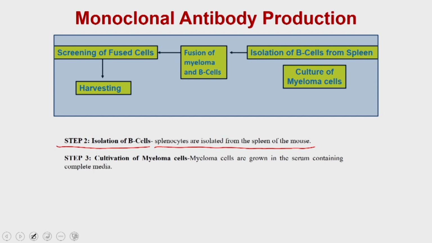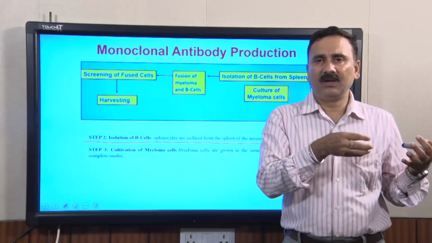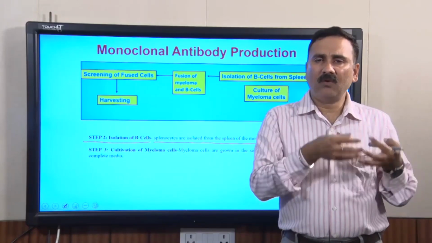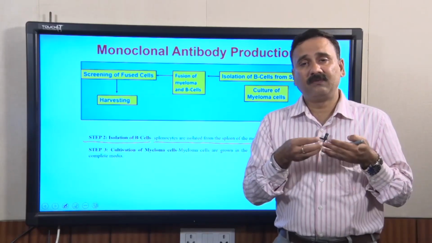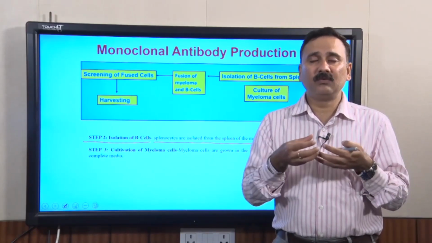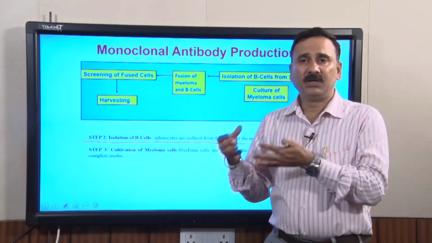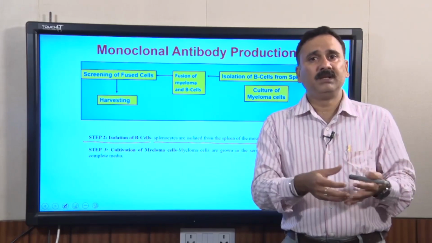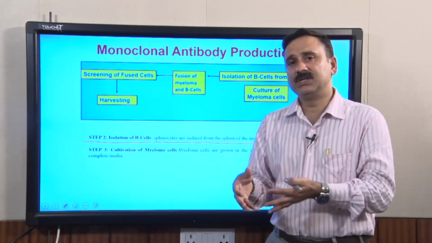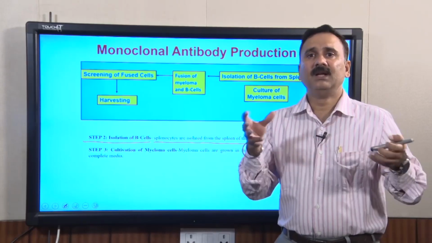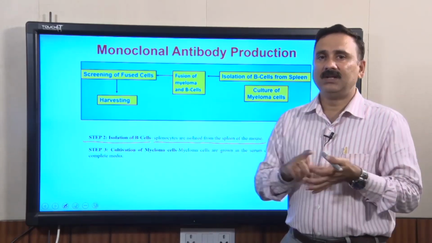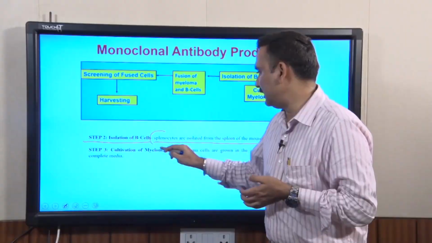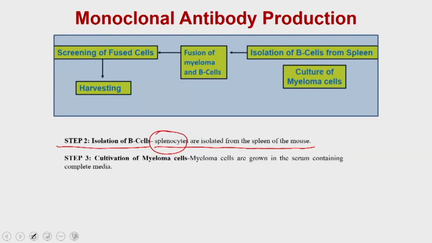If you remember, you can use the strategies we discussed in lecture number 3 or 4, on how you can isolate different types of cells from the tissue using density gradient centrifugations or differential centrifugations. With the help of these, you can isolate the splenocytes, and these splenocytes can be used for the downstream hybridoma preparations.